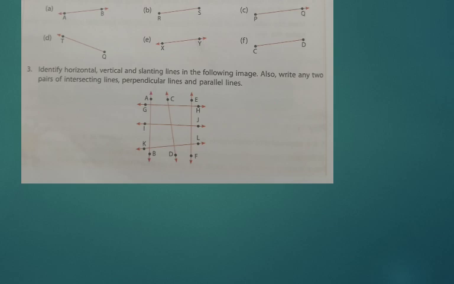Next, we'll go for intersecting lines. Here, what are all the intersecting lines? You see, IJ is intersecting with the what? CD. IJ is intersecting with the CD. So this pair is intersecting. Another pair is, what is the other pair?